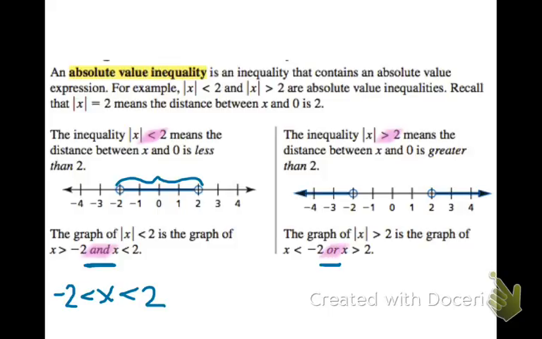So let's take a look at the core concept. Before we do that, we're going to relate this back to the equation. So knowing that when you had an absolute value equation, the absolute value of x minus 4 being equal to 6, we remember what this means.